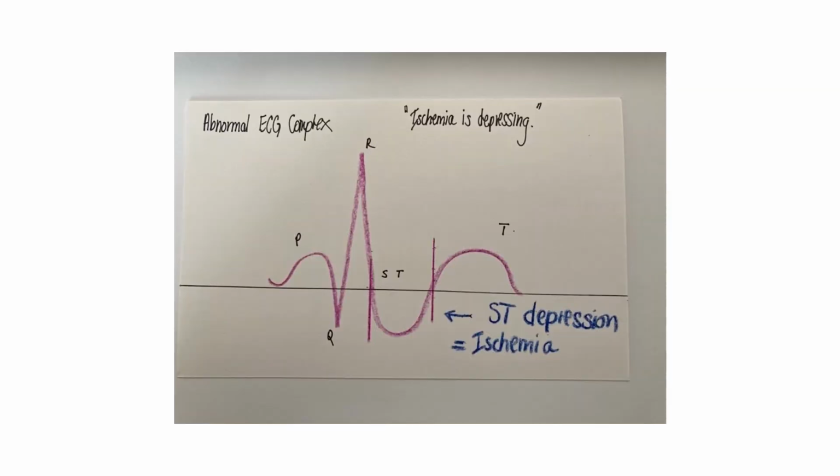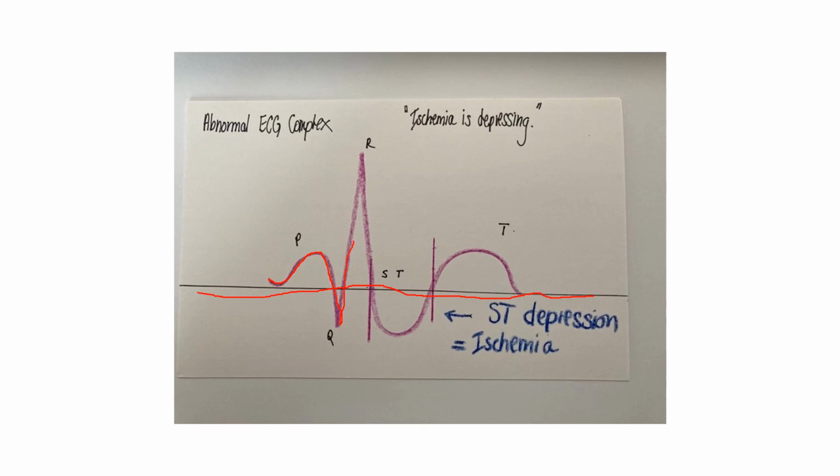This shows ST depression. This is the baseline. Everything should be meeting at that baseline. So you have atrial depolarization, we have an SA node firing an impulse, it goes down, there's atrial repolarization, which we don't see.